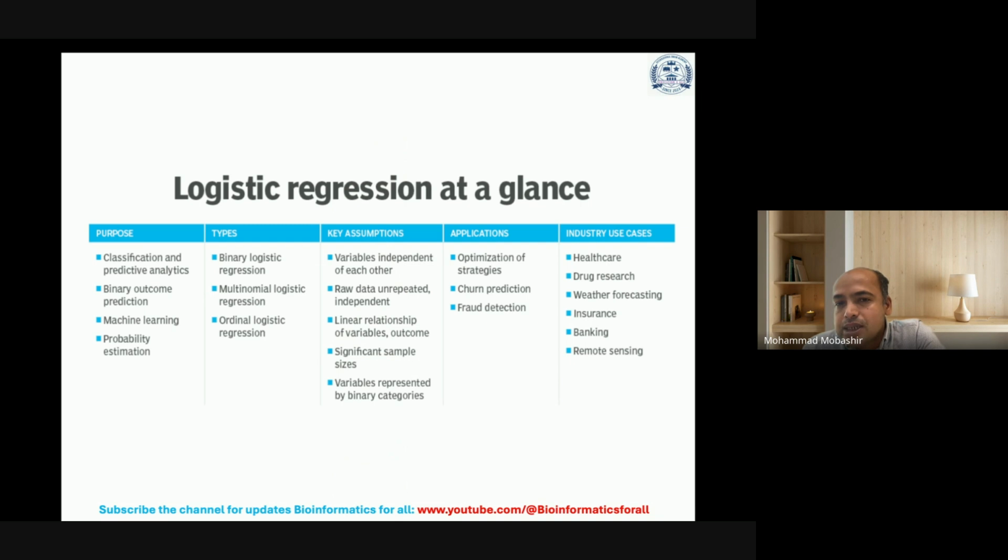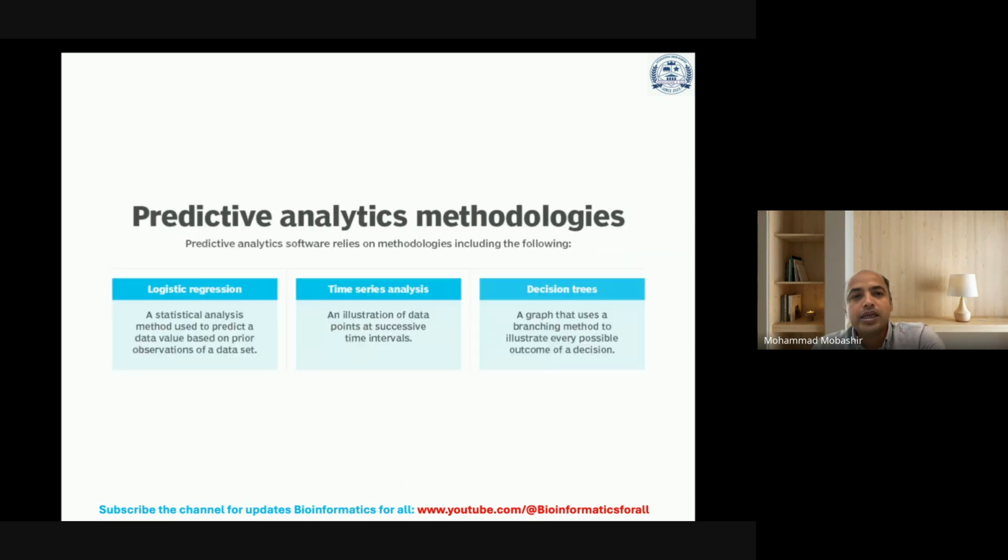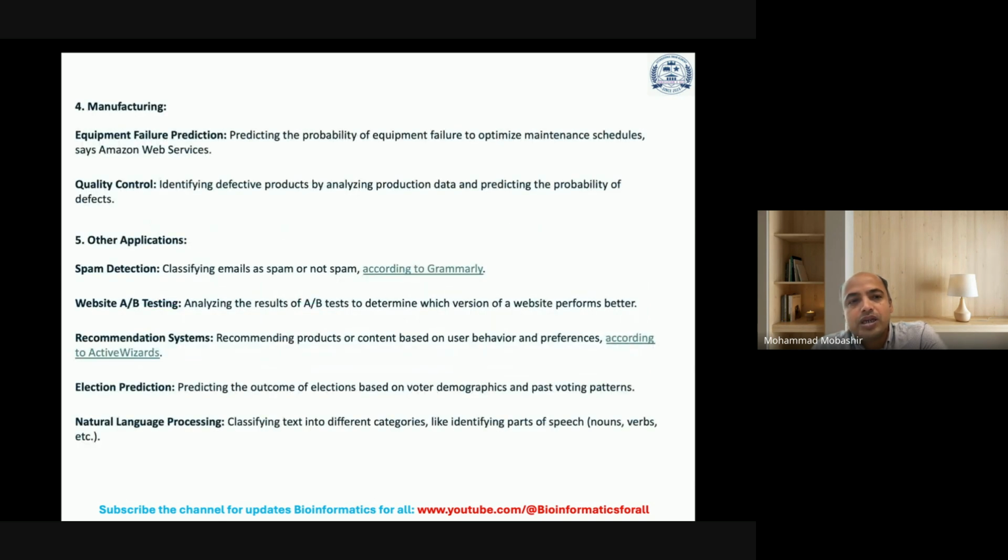Applications are vast and wide-ranging, for example, optimization, strategy, churn prediction, fraud detection, and industry uses such as the health industry, drug research, weather forecasting, insurance, banking, and remote sensing. Then predictive analytics methods are basically software relying on methodologies such as logistic regression, time series analysis, and decision trees. These three things help you reach a final decision when you are preparing the trees.